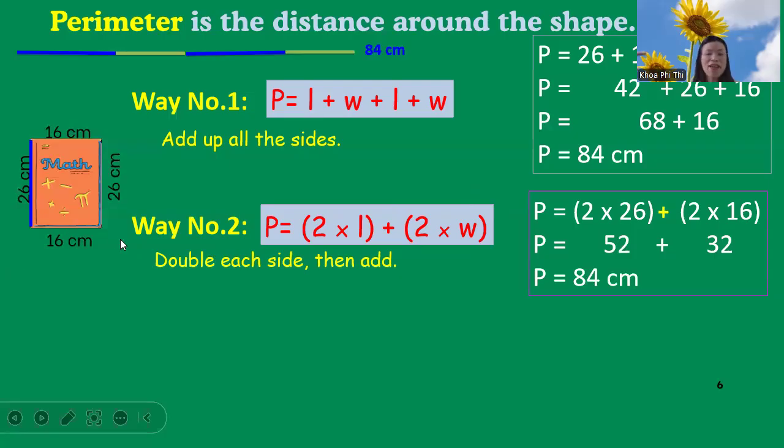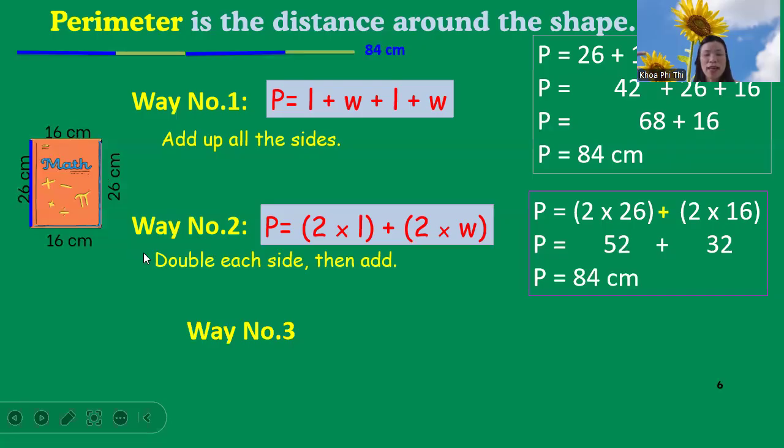But still, I have another way that's shorter than way number two. Can you guess how way number three works? Not yet? Let me show you. Now look closely at the rectangle. What if we just look at one length and one width together? If we add one pair, length and width, we are actually calculating exactly half of the perimeter.